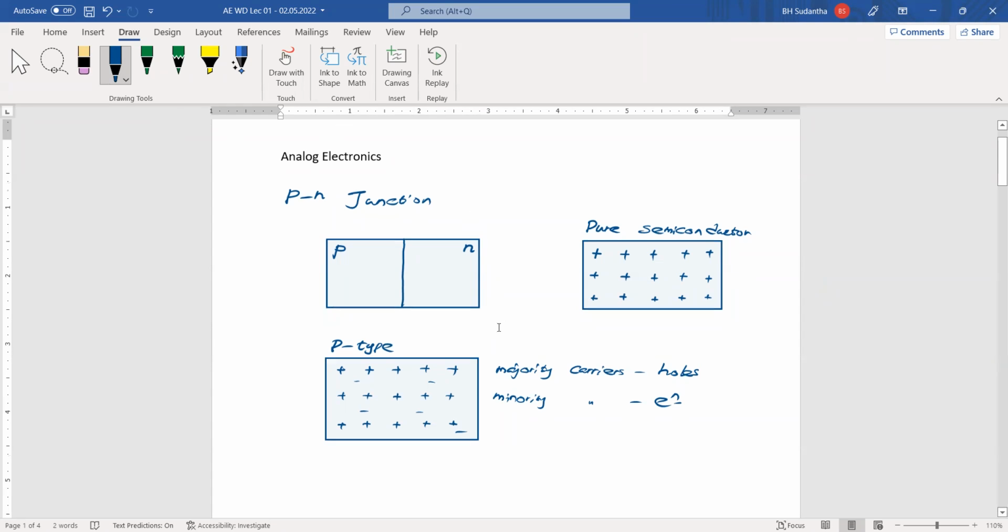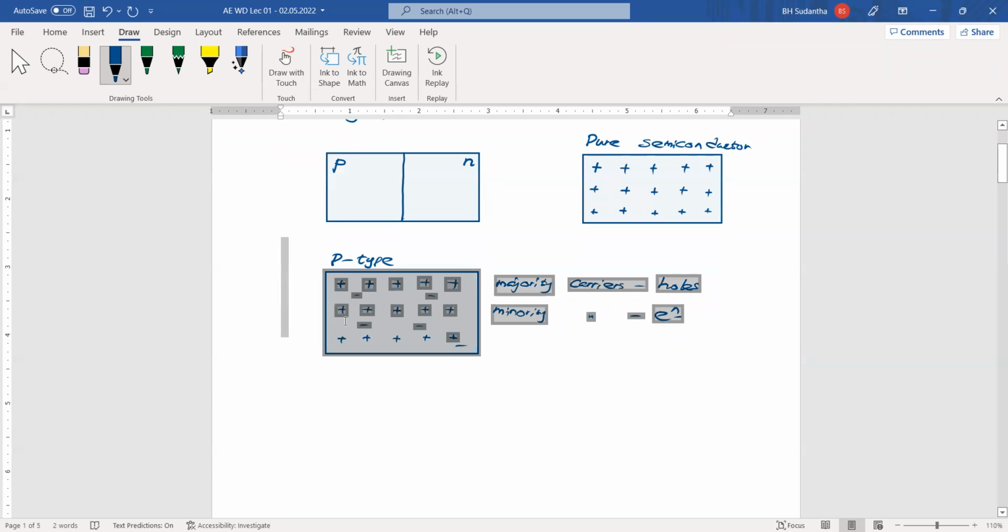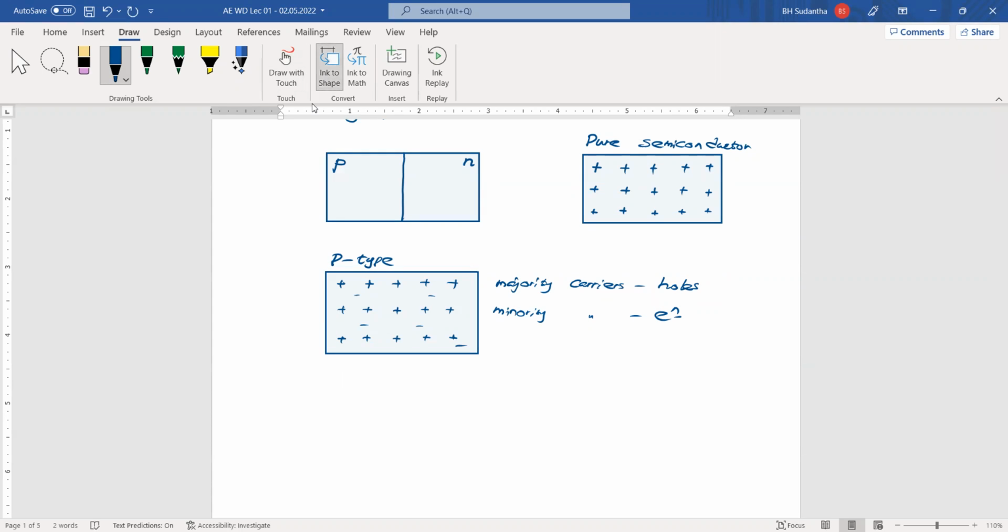Then when you consider the other one, the n-type semiconductor, the minority carriers will be holes here, but the majority carriers will be electrons.